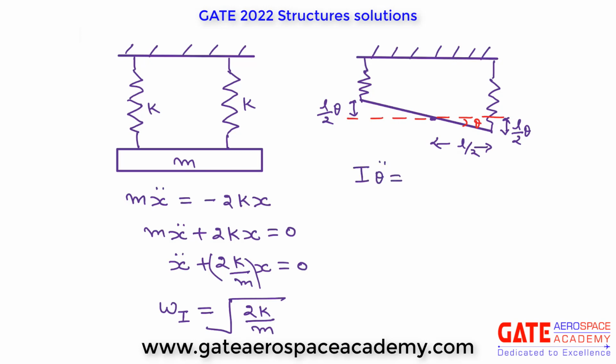I θ double dot is equal to minus spring force, which will be K into this much distance. And what about the torque about this point? This force into distance, that is L by 2, correct? So we can write the force, that is K into L by 2 into θ. This will be the force, but this is the torque equation.